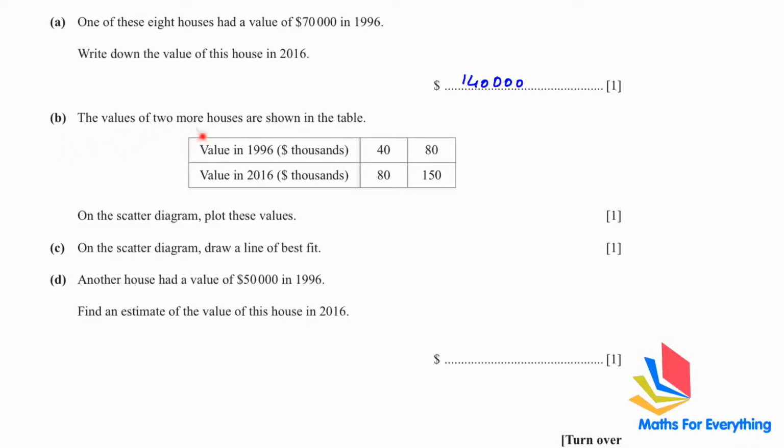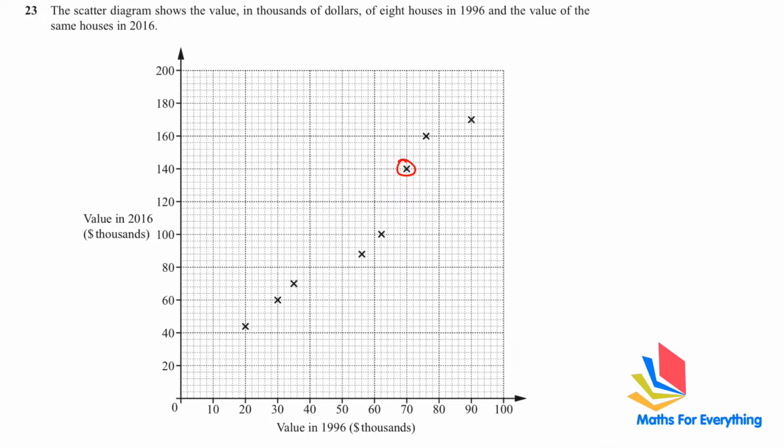Part B, the value of two more houses are shown in the table. In 1996 and in 2016, the changes have been given. So now we have to plot these values. So when it is $40,000 in 1996, in 2016, it is 80,000. 40,000 is here and 80 is here.